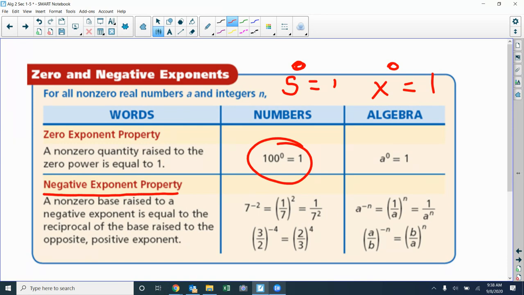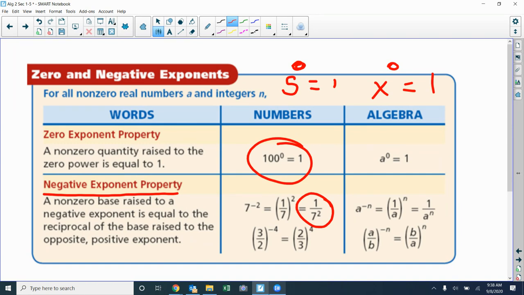If we have a negative exponent, if you remember from algebra 1, we can rewrite that. 7 to the negative second, we can rewrite as 1 over 7 squared. We can move these exponents from numerator to denominator, changing their sign. Now, the number doesn't change, just the sign of the exponent.